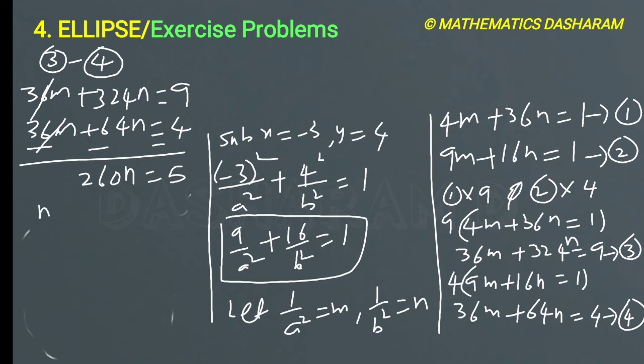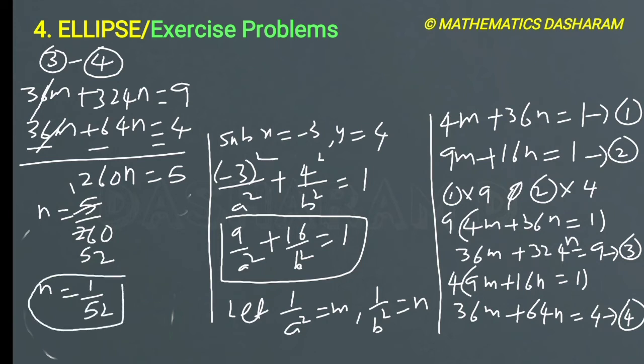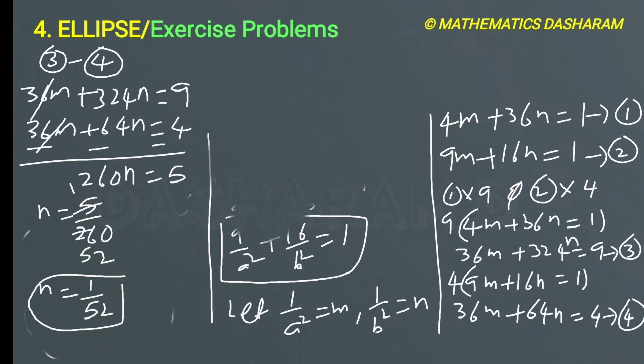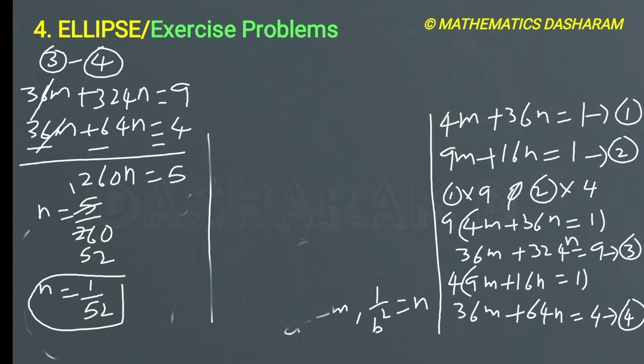Then n equals 5 divided by 260. 5 1s are 5, 5 5s are 25, 5 2s are 10. n equals 1 by 52. Let's substitute n equals 1 by 52 in any equation, 1, 2, 3 or 4. We will get the same answer.